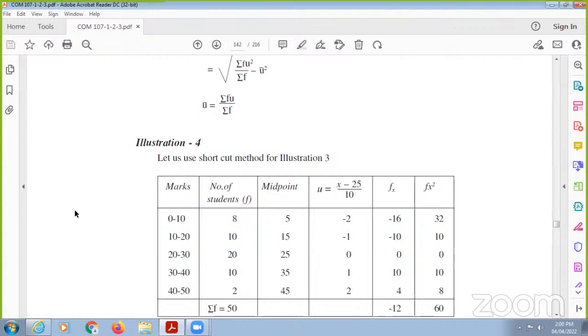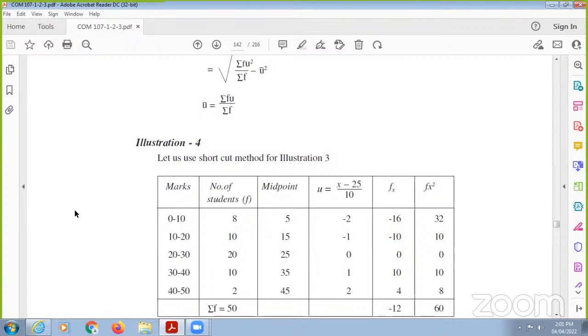Then in the fifth column, a multiplication of the second column and this fourth column. 8 into minus 2 is equal to minus 16. Then 10 into minus 1 is equal to minus 10. 20 into 0, it will be 0. Then 10 into 1, 10. Then 2 into 2, 4. The total of this column is minus 16, minus 10, minus 26, plus 14 is equal to minus 12.